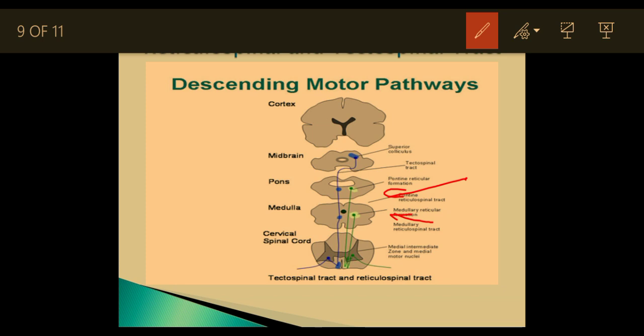It means pontine reticular fibers govern the expiration process and medullary reticular fibers govern the inspiration process. And lastly, on the blood vessel, the pontine reticular fibers cause vasoconstriction, while the medullary reticular fibers cause vasodilatation.